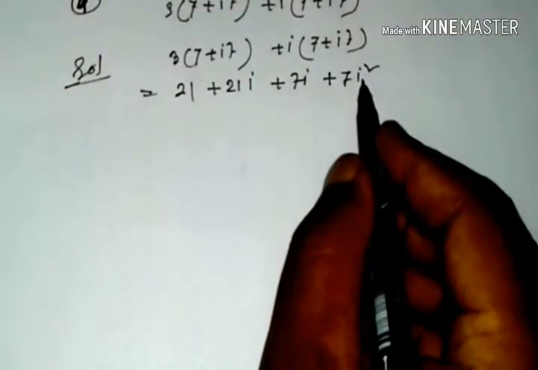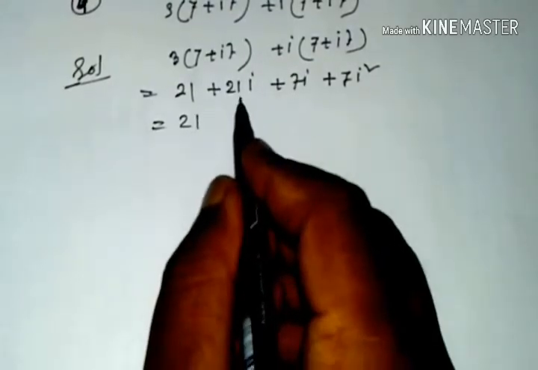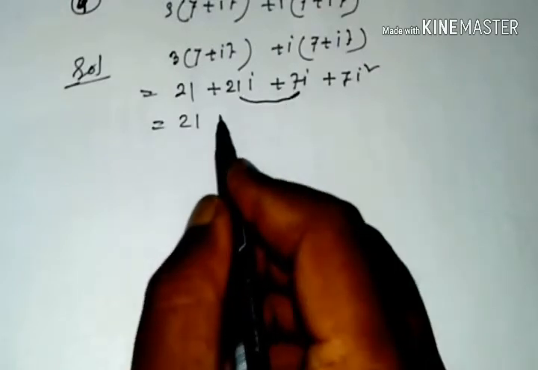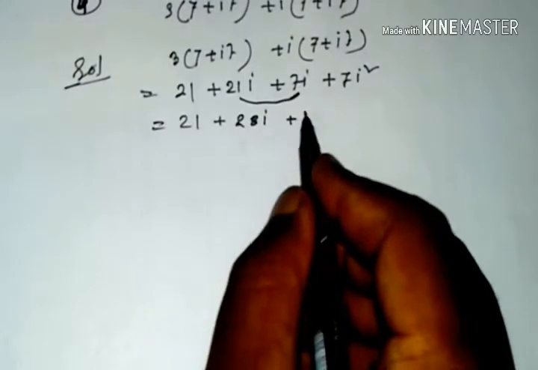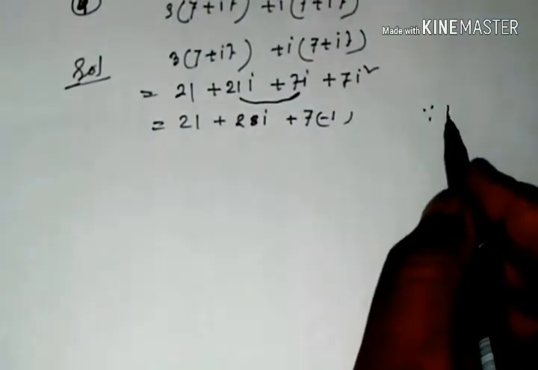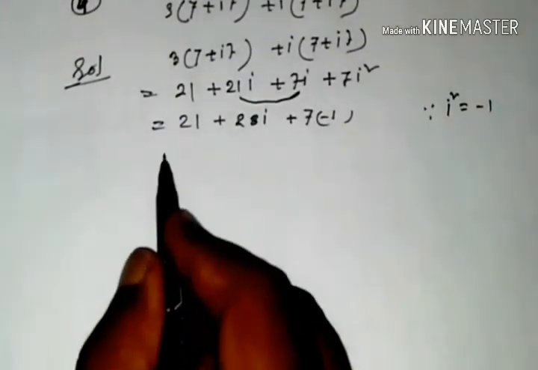Now i square is equal to minus 1, therefore this is 21, and we can add 21i and 7i to get 28i, and 7 i square is minus 7, since i square is equal to minus 1.